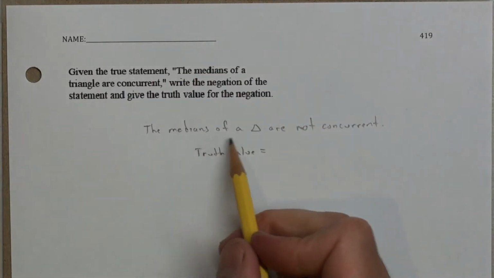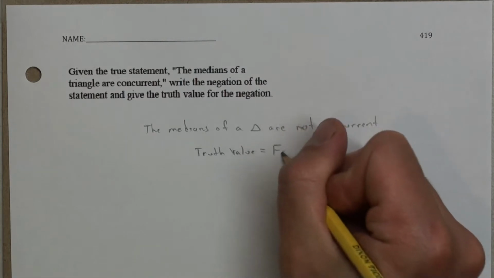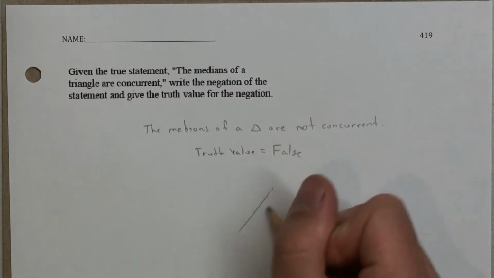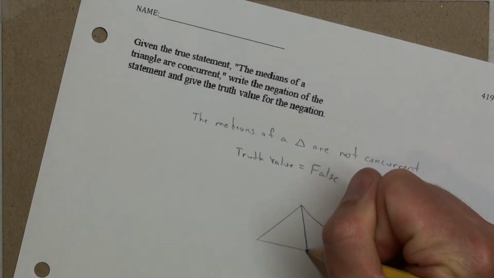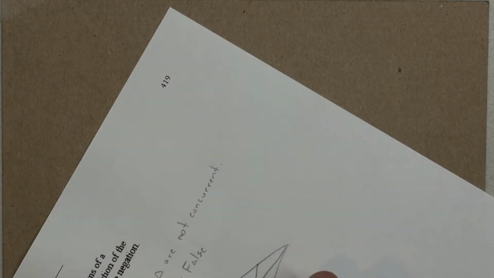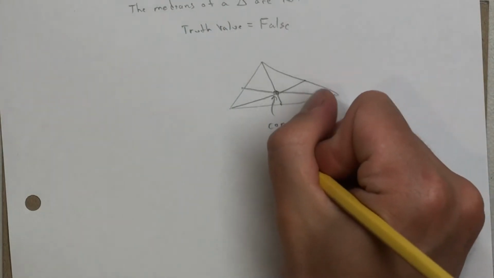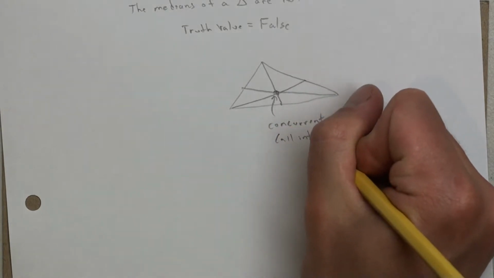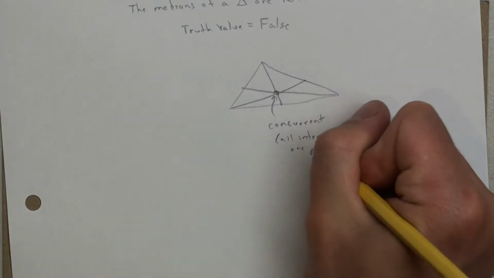The truth value is false because in a triangle the medians in fact are concurrent. They all intersect at one point.